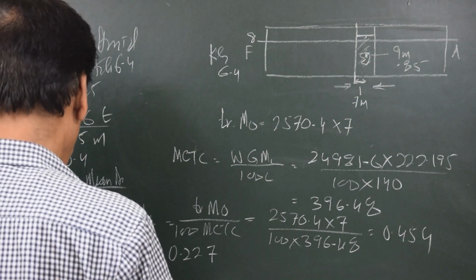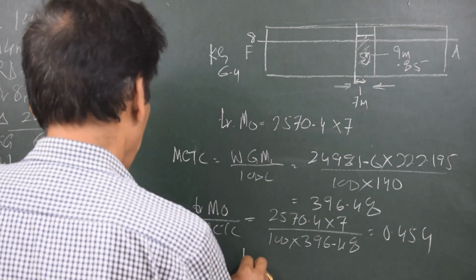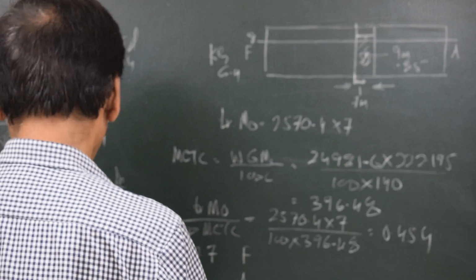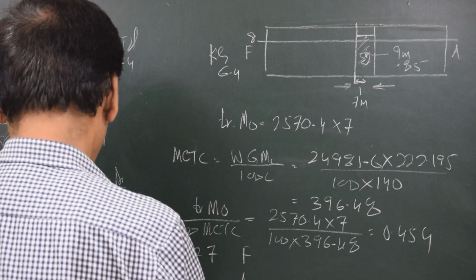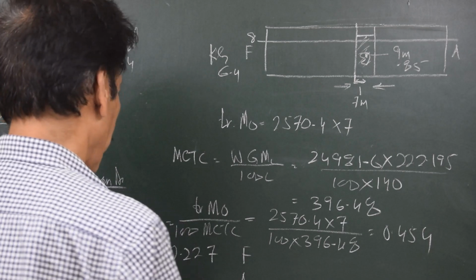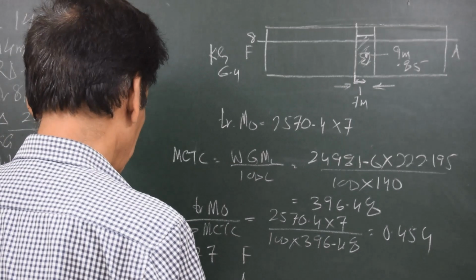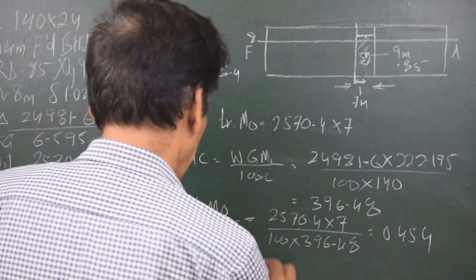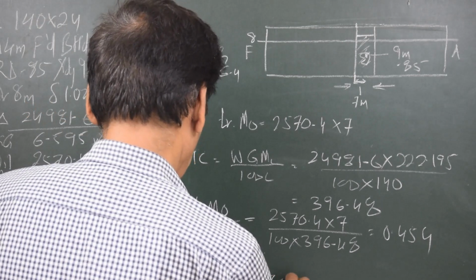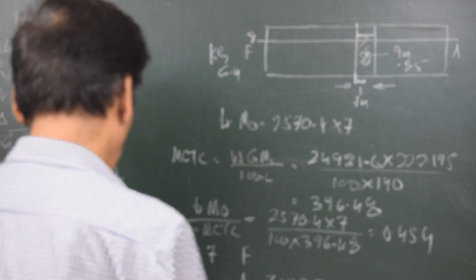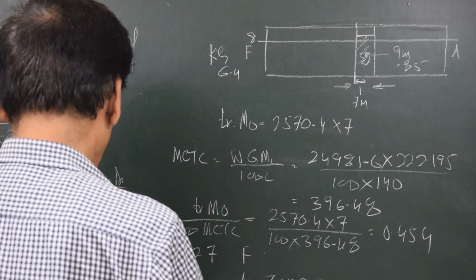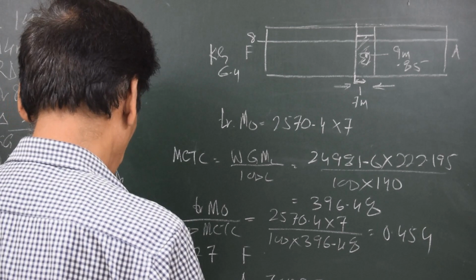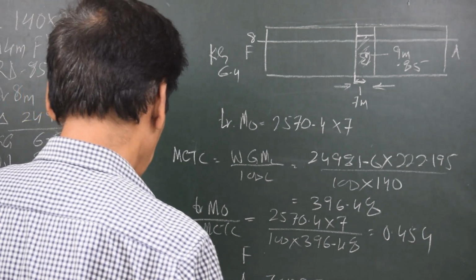So after draft will become 7.254 minus 0.227, 7.027, and the forward draft will become 7.254 plus 0.227, that is 7.481.